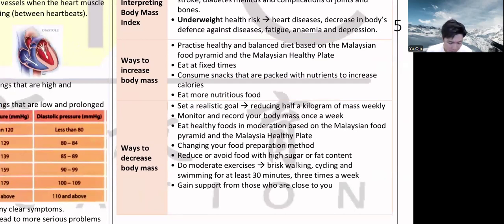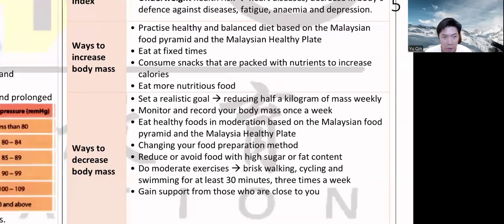I think to decrease, right? We're looking at how to decrease the overweight issue. So there are so many answers you can choose from. I think we can go for a simpler one, like changing your food preparation method. Like how those fitness people always show their meals. It's not fried. It's just steamed chicken breast, less salt or maybe no salt, and so on.